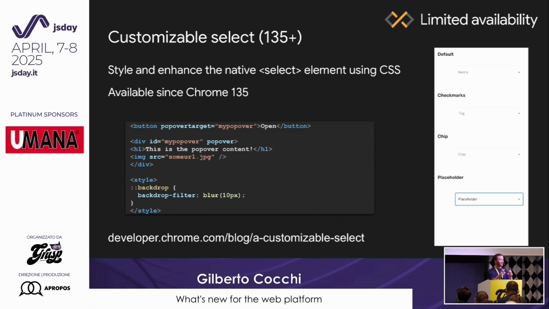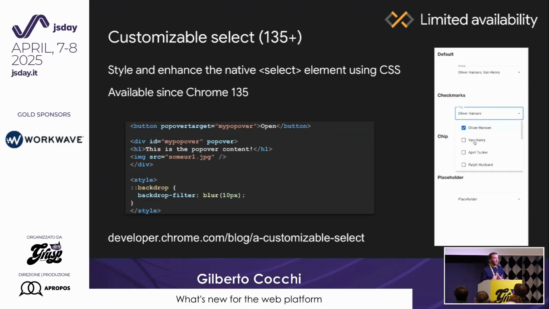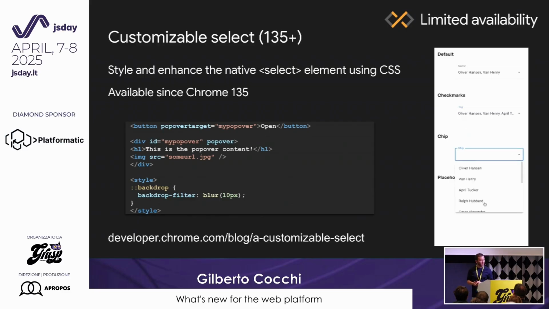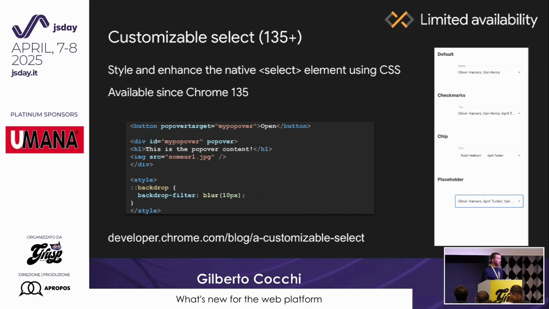You have to mimic it with some divs, whatever. Now that is no longer necessary in Chrome. We hope it will be no longer necessary on other browsers as well. There is currently a positive position from Mozilla, and there is also ongoing development work from Safari. So we're hopeful that this will become something widely available in the future.